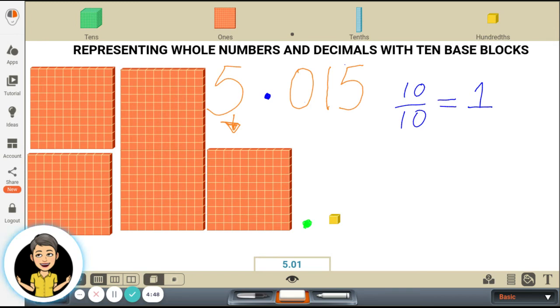If you notice here, we don't have the thousandths blocks, but imagine 1,000 of them is going to be a very tiny thing. So we're just going to represent it with a tiny thing. 1, 2, 3, 4, 5 thousandths. This is the way you represent 5 wholes and 15 thousandths.